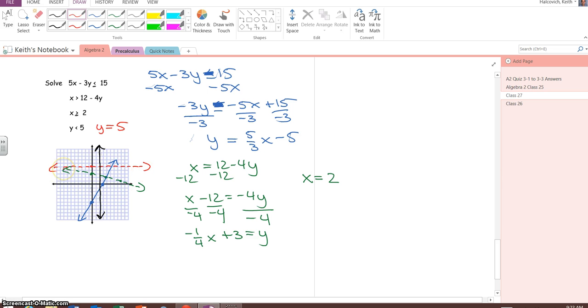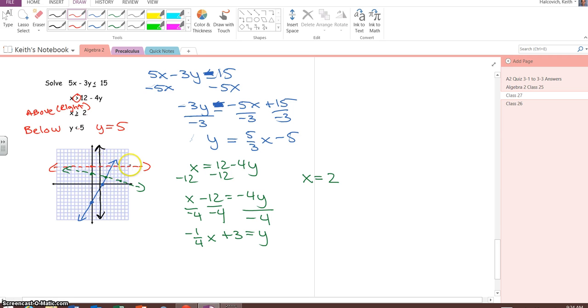So now we have to figure out shading. Well, less than 5 means it's going to be below. So the red would be below the line here. Greater than or equal to would mean above or to the right. It's vertical. So it would be over here. We have greater than here for the green line, which means it's going to be above.